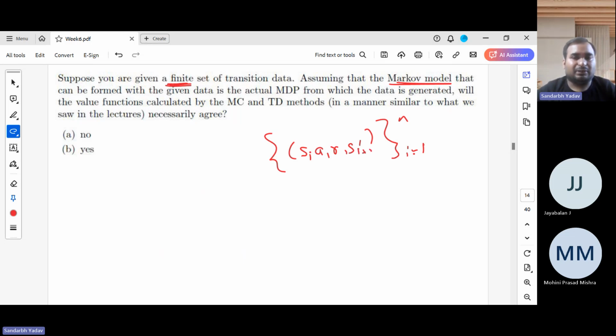So you are given some transitions, and what they are saying is that the MDP which you will obtain from this set of transition data is actually the actual MDP from which this data is generated. Sometimes what happens is that if our samples are not unbiased, there might be some bias, so we might not get the same MDP from which it was generated.